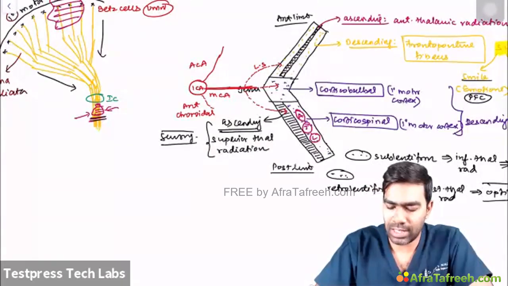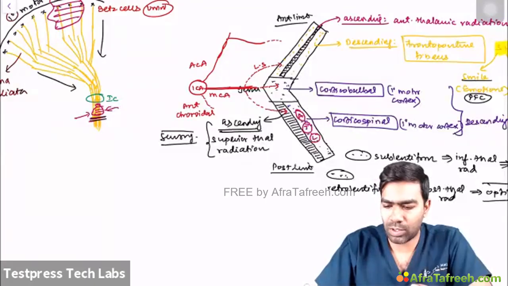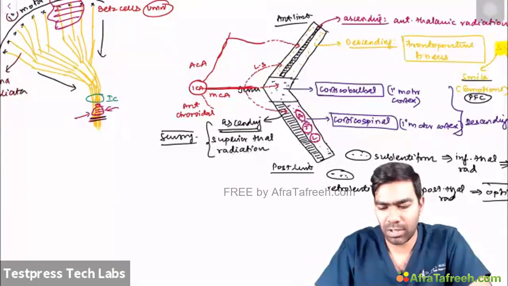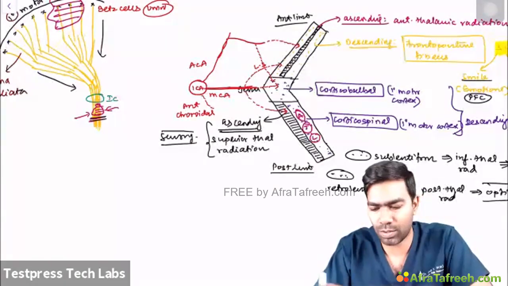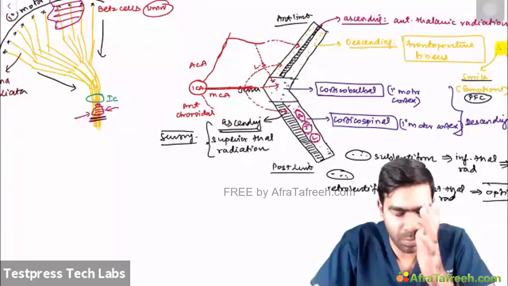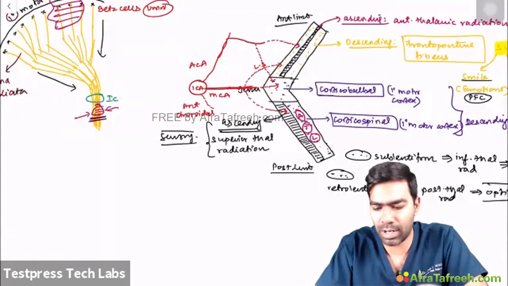So as far as ACA is concerned, you have the recurrent artery of Heubner. That's a very important one. And that's going to supply predominantly the anterior limb. To a small extent, they can supply the genu of the internal capsule also. But predominantly they will be supplying the anterior limb only. This recurrent artery of Heubner is coming from the anterior cerebral artery.